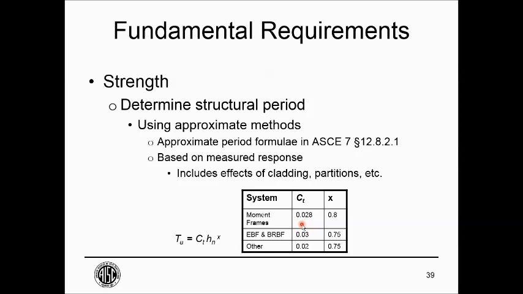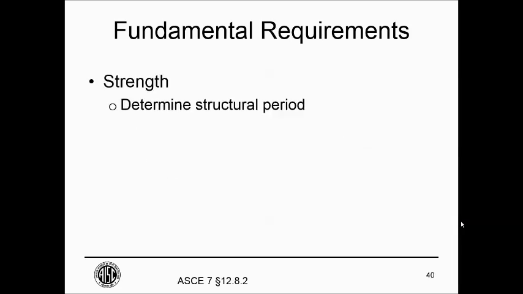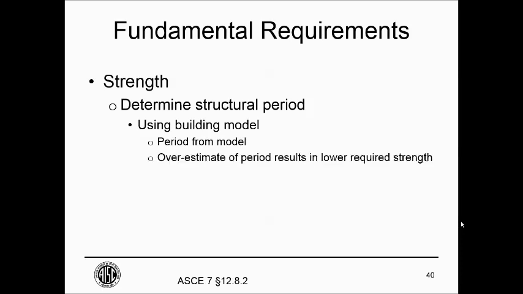So the approximate period is a function of the height of the structure and the system used. As I said, that approximate period will be a lot shorter than what you get out of your model. So if you read something out of your model, it may be a bit more flexible than you can really rely on. Also, if your model is more flexible than the real structure, your required base shear strength may be lower than what you should be using.